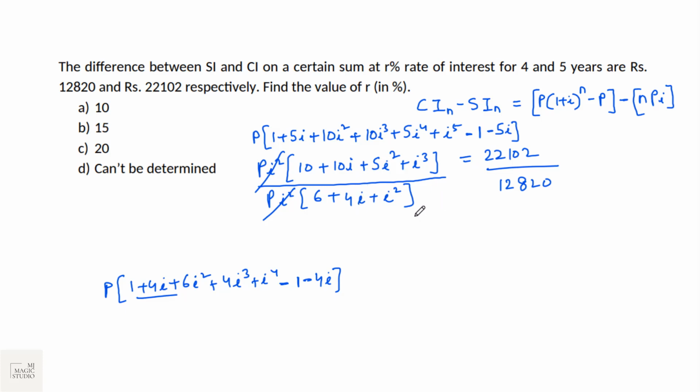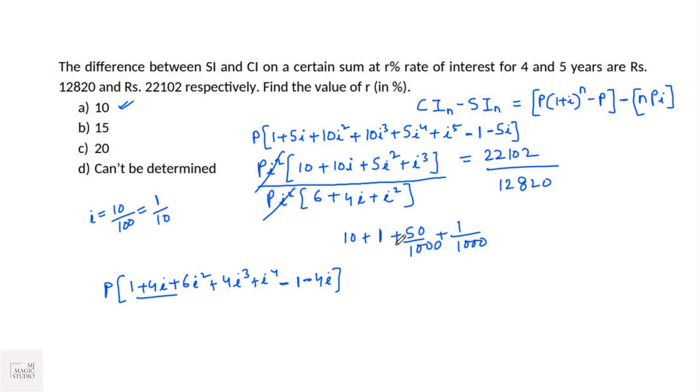Now how to solve this? Obviously I am just trying out one option and just checking. Let us try with 10. R is 10, that means I is 10 by 100, that is 1 by 10. So numerator will be 10 plus 10 by 10, that is 1, 5 by 100 plus 1 by 1000.